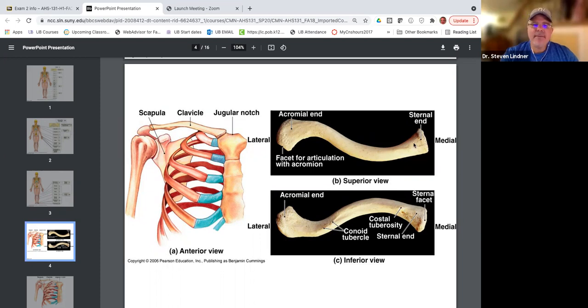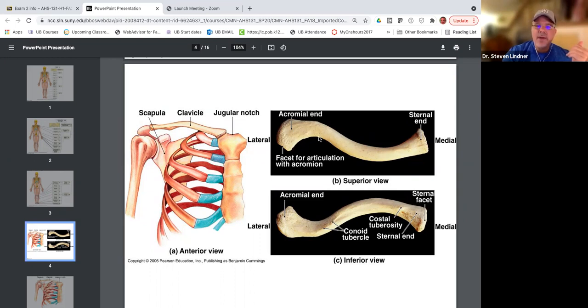Notice that if you palpate on yourself, this is anterior, here is posterior. The anterior 2/3 from here to here is convex, and then the lateral 1/3 here is concave.